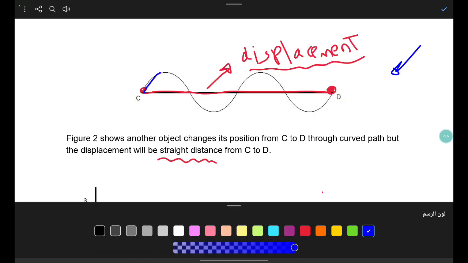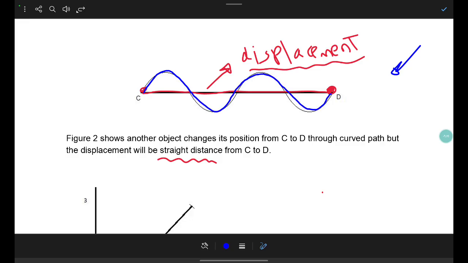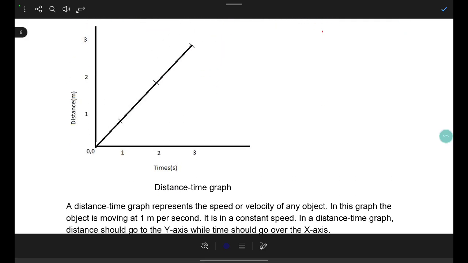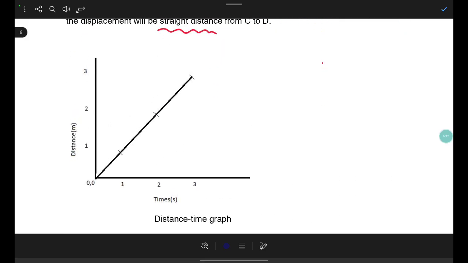The blue line represents the distance. Why? Because it is not a straight line. So this is the difference between displacement and distance. Straight line, not straight line. Vector quantity, scalar quantity.